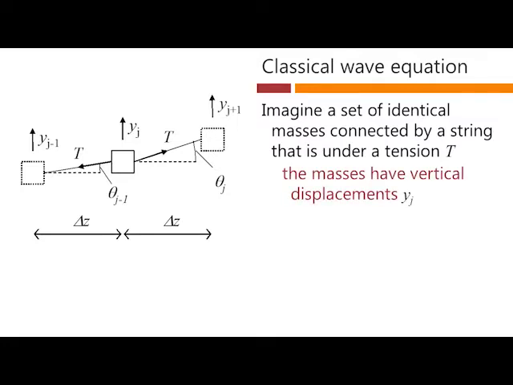So we have our set of identical masses connected by a string under a tension T. The masses will have some vertical displacements compared to some horizontal line we might draw here. So y_j for the jth mass, y_{j-1} for the (j-1)th mass, y_{j+1} for the (j+1)th mass. And the string will be at some set of angles relative to the horizontal, so we'll call this one theta_{j-1}, and we'll call this one theta_j.